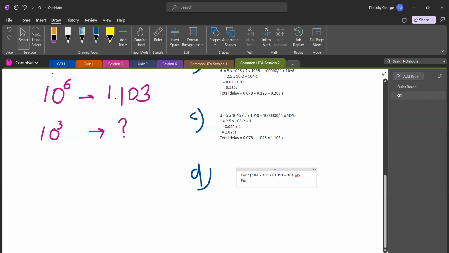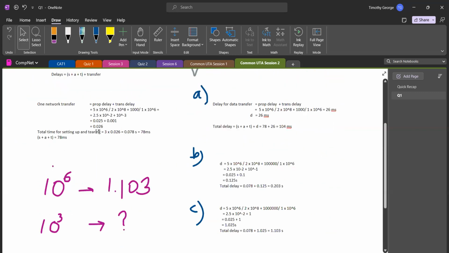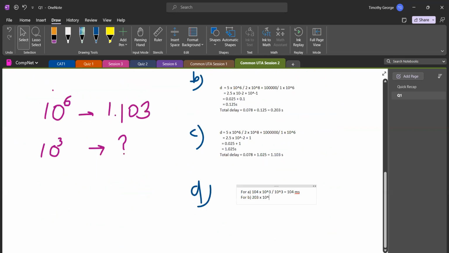For B, what was the answer that we got? Let's write in milliseconds. 203 milliseconds into 10 to the power, how much did we have? We had 100,000. That subsection had 100,000. So 10 raised to 5 divided by, again, 10 raised to 3.